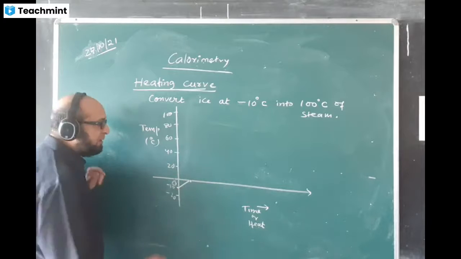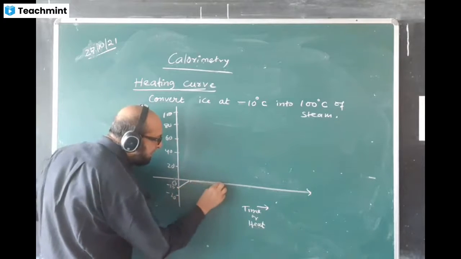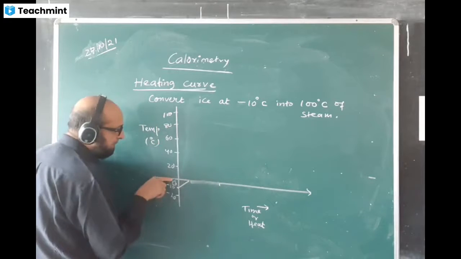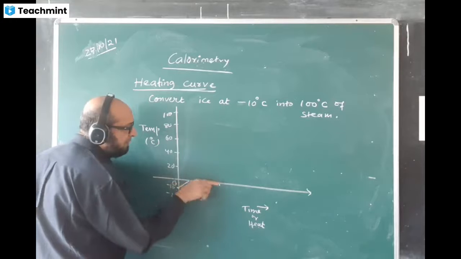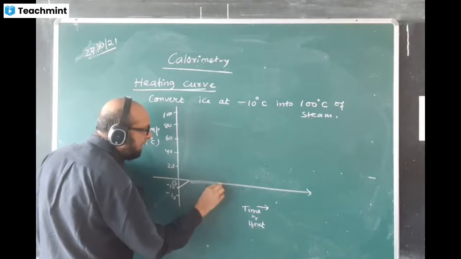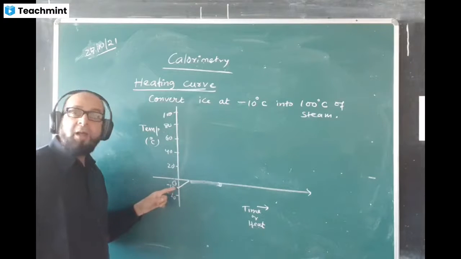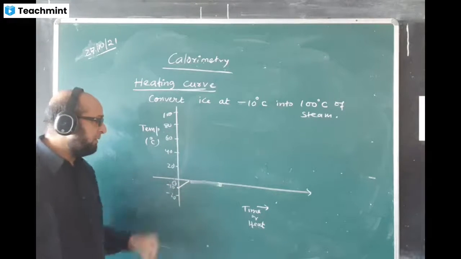Any change of state region we show by a line parallel to the x-axis. That time the temperature will not change. The temperature of 0 degrees will remain the same till the entire mass of ice changes into water, till the whole ice melts, till here.